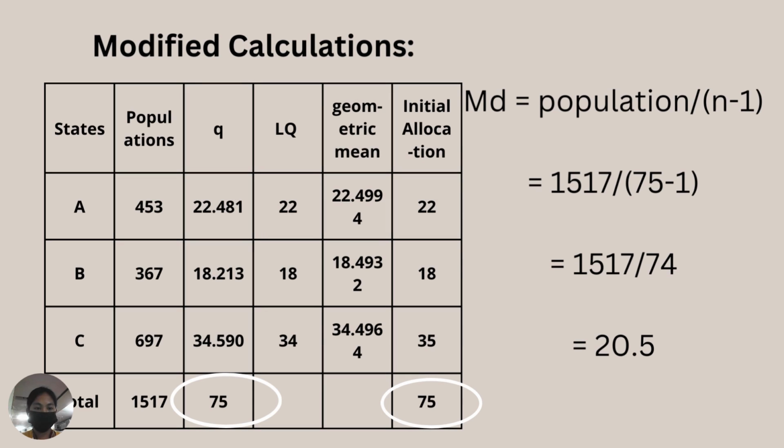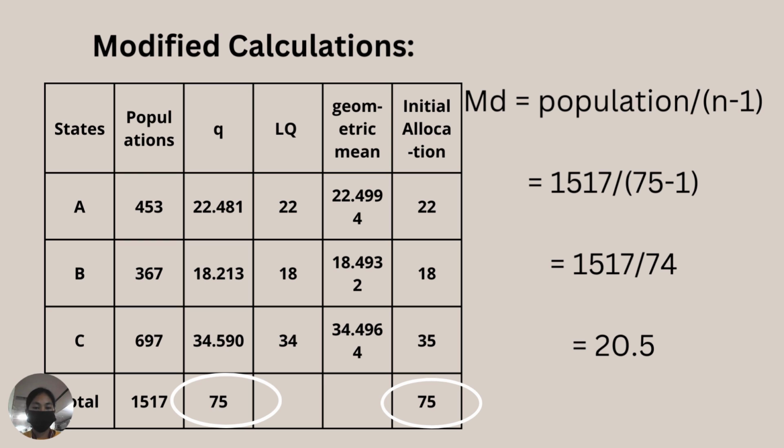As you can see in the table, the quota has been changed. The formula of the modified divisor is MD equals population over N minus 1. So our population is 1517 and our N is 75 minus 1.